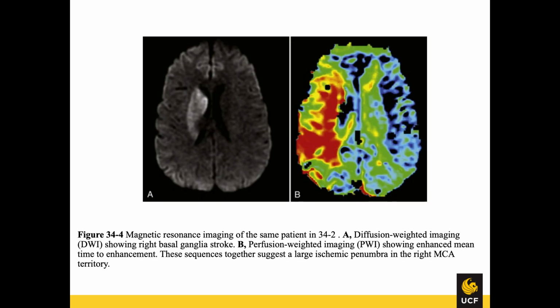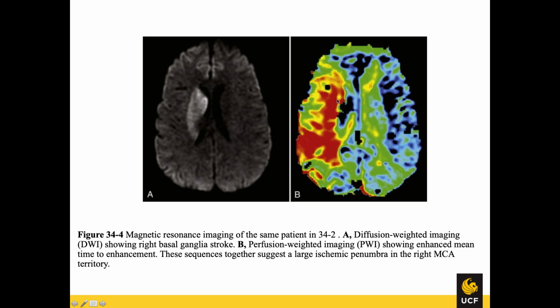So this is an MRI. The A image here that you see shows a right basal ganglia stroke. This is a diffusion weighted scan, I believe. And then in B, you'll actually see a perfusion weighted image, which shows this enhanced mean time to enhancement.